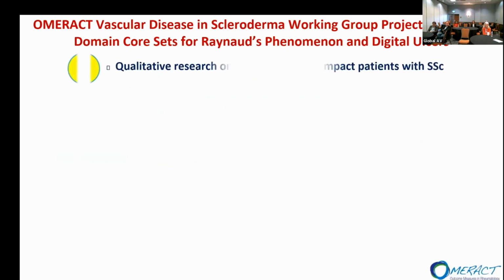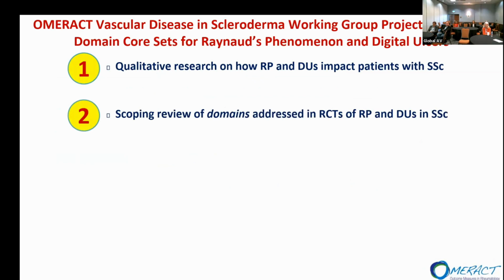So what are we studying? Well, we've done our qualitative research on how these two manifestations, which are somewhat linked in scleroderma, impact our patients. And we've done a scoping review of domains addressed in randomized controlled trials of Raynaud's phenomenon and digital ulcers. There have been a number of randomized trials for each of these problems.